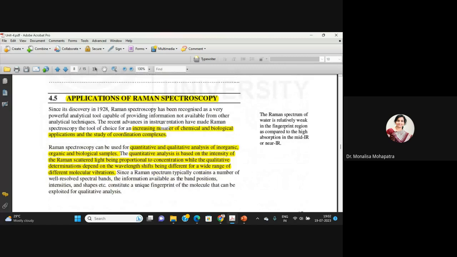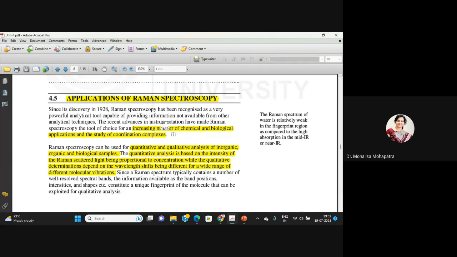As far as the application is concerned, Raman spectroscopy has been recognized as a very powerful analytical tool that is capable of providing information that is not available from other analytical techniques. Okay. Recent advances in instrumentation have made Raman spectroscopy a tool of choice.